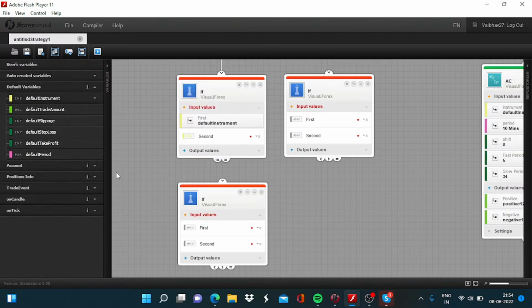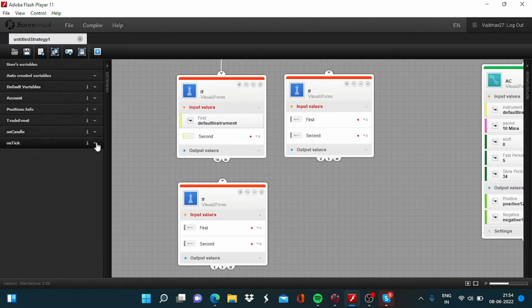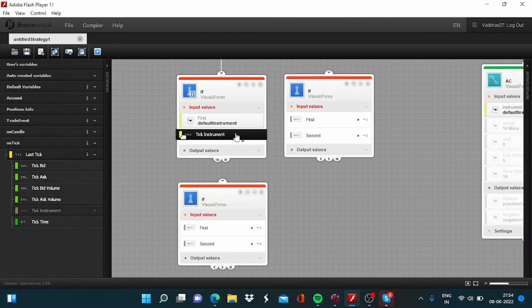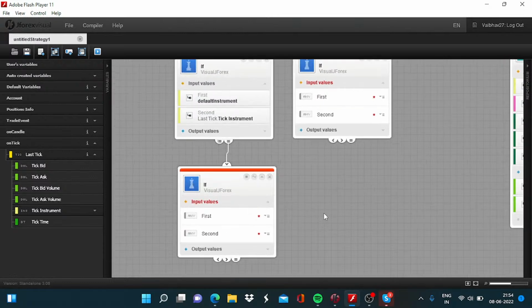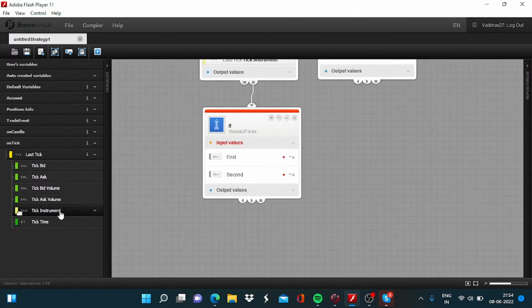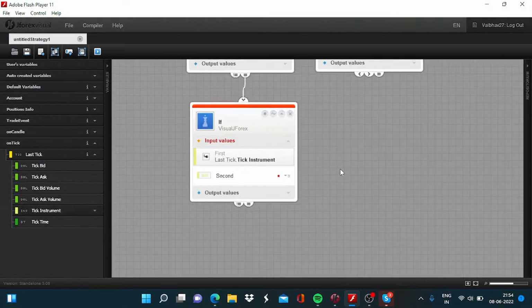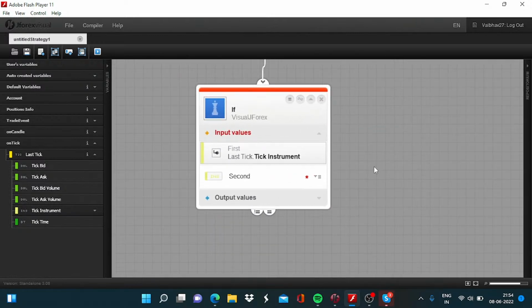Default instrument comes here, on tick instrument. So we match both these input parameters. First input should equal second input. Then the tick instrument should equal the instrument of choice.